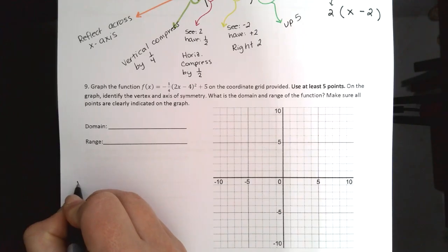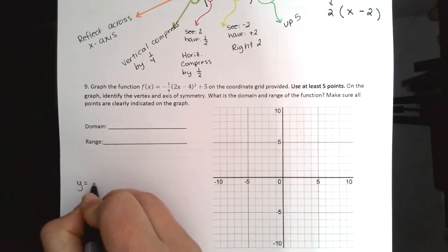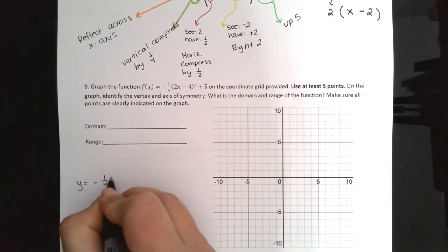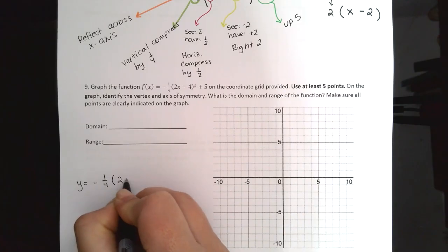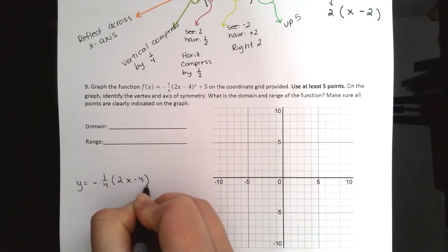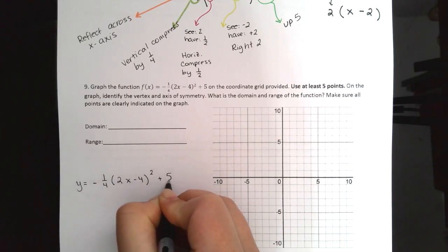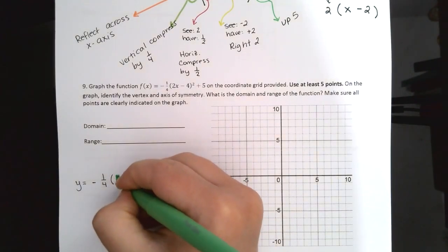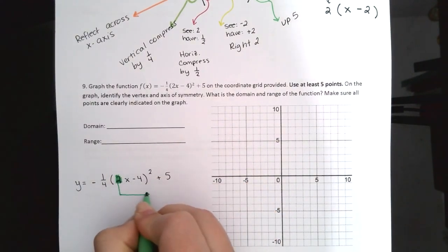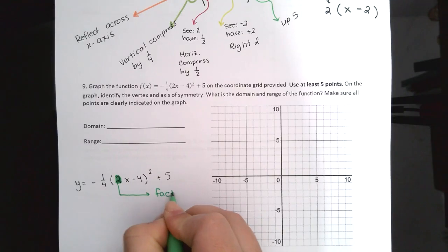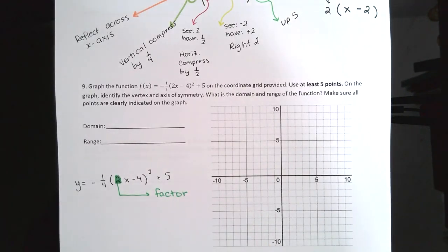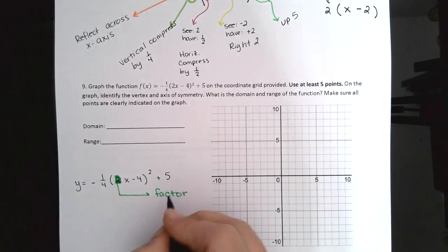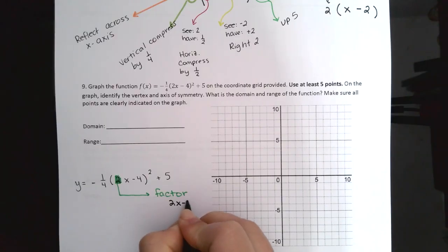We have f of x. You can also translate that as y equals -1/4, open, 2x minus 4, close it, square it, plus 5. Anytime you see a b value, you need to factor that out, just how we did in example 8 and example 7. So I have 2x minus 4.